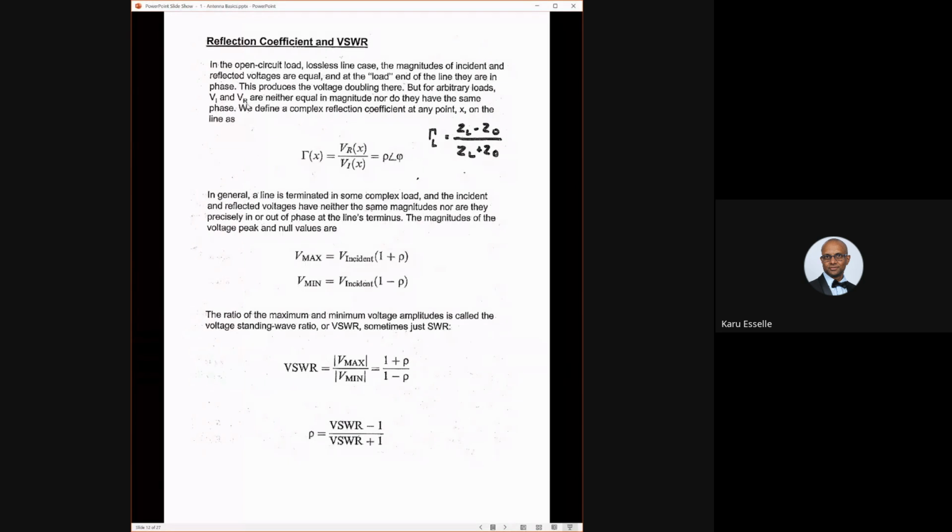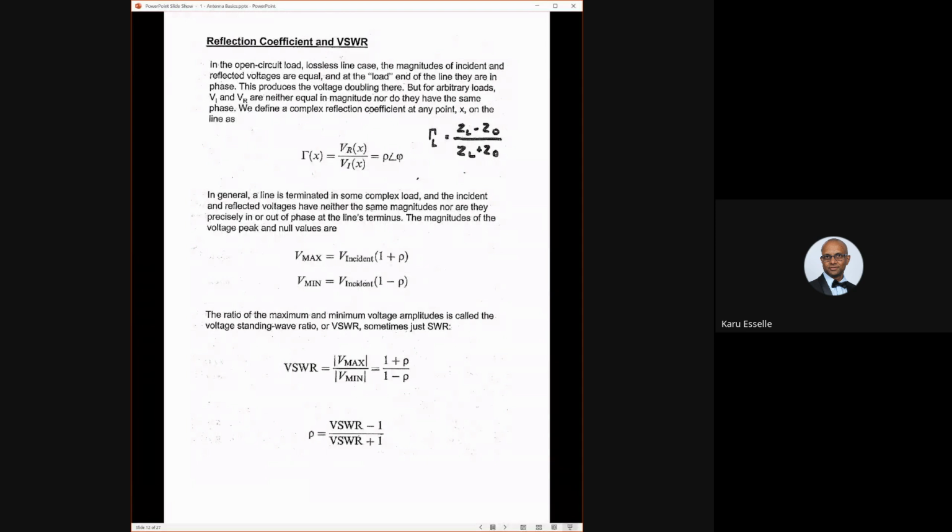So we have two waves in the transmission line, the reflected wave and the incident wave. This ratio is called the reflection coefficient. Both of them are complex in general, so this is also a complex number. And you can define this along the transmission line. So it's a function of x. X is the length along the transmission line.